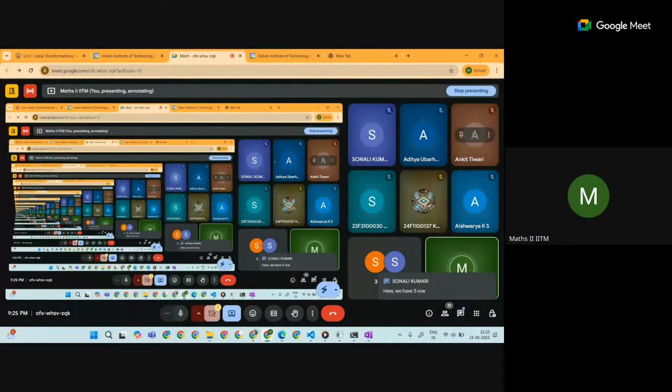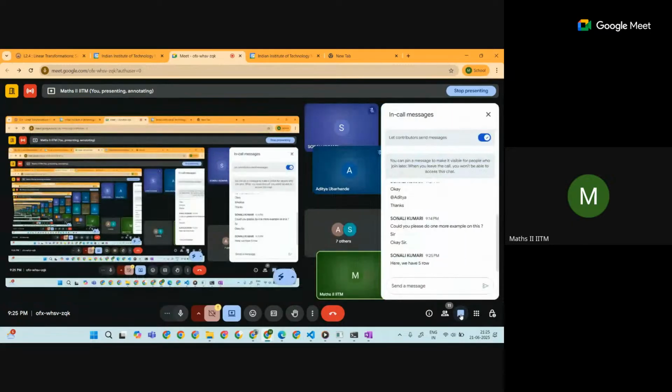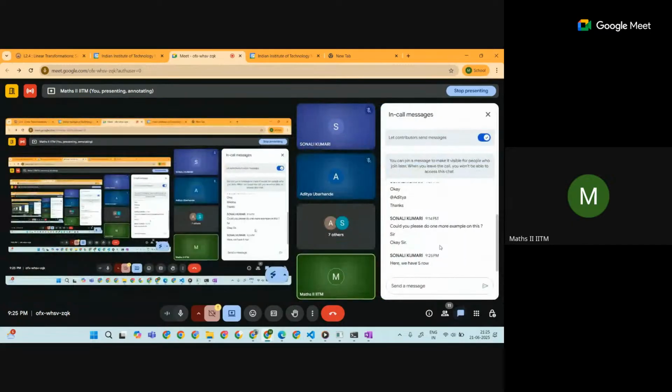Okay, so has anyone solved it? Here we have 5 rows. No, it has only 3 rows, but 5 columns.